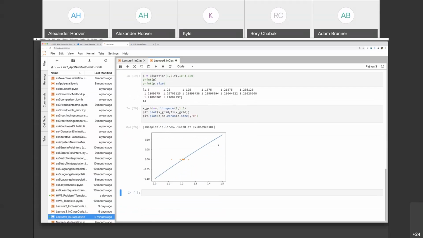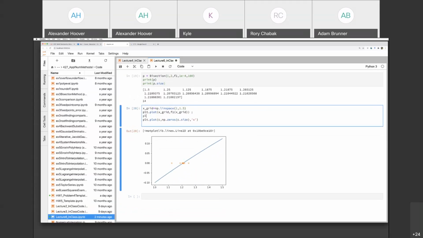By the way, last thing before we go, just to look at what's happening, you can see the root get closer and closer. Let me go ahead and turn on the grid. I'm plotting both the zeros and our grid.